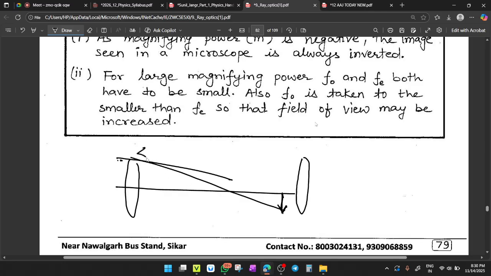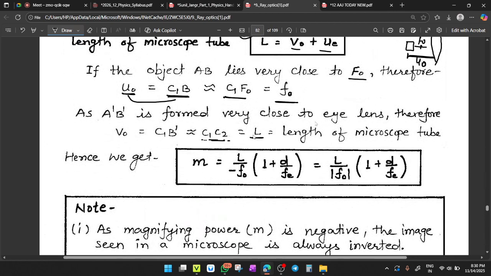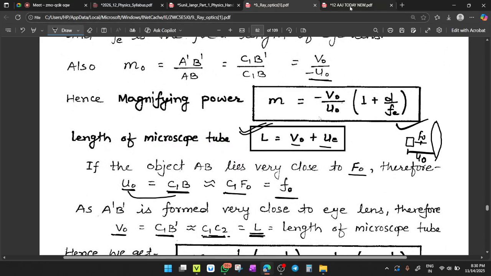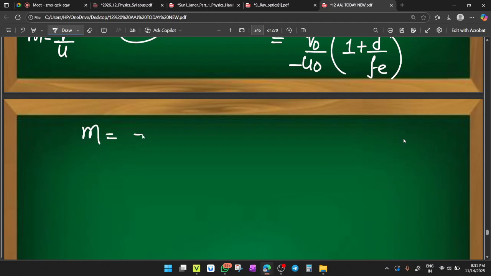So this distance VO works as the length of the tube, because it is very close to the eye lens. So VO becomes L, equal to C1 B dash, equal to C1 C2, which is the length of the microscope tube. So the formula becomes M equals minus VO upon UO into (1 plus D by FE).